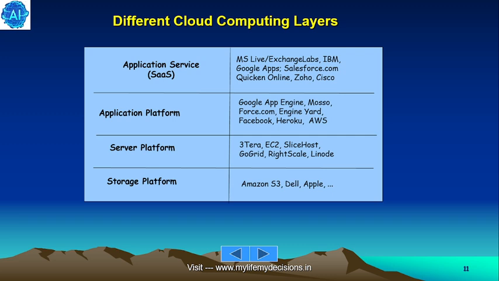Then the second one is application platform, which is like Google App Engine, Mosso, Force.com, Engine Yard, Facebook, Heroku, AWS. Some of them we are going to discuss in our future slides. So server platform, 3Tera, EC2, SpiceHost, GoGrid, RightScale, Linode, storage platform, Amazon S3, Dell, Apple, etc.